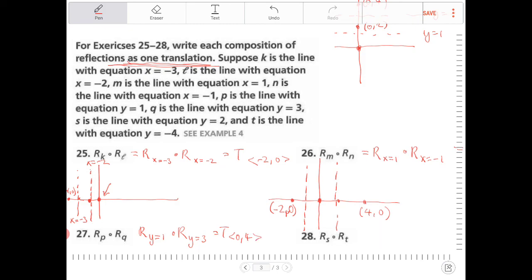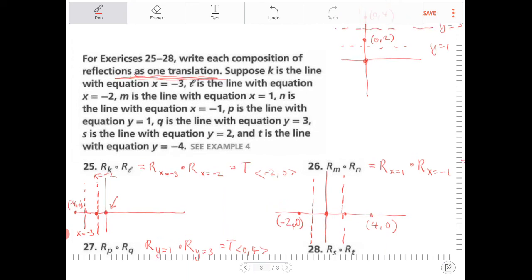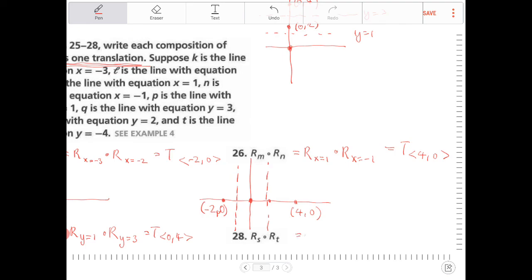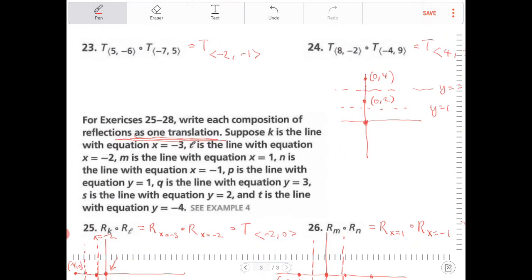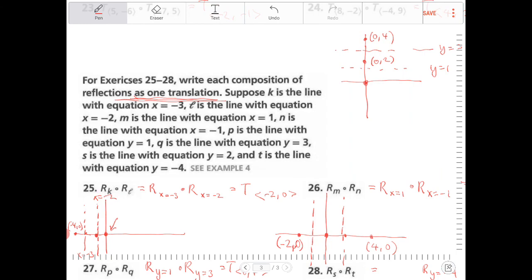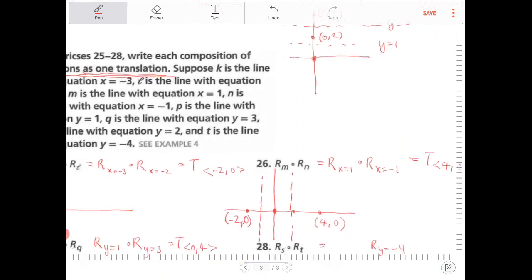And then repeat. What is T? T is y equals negative 4. And what is S? S is y equals 2.